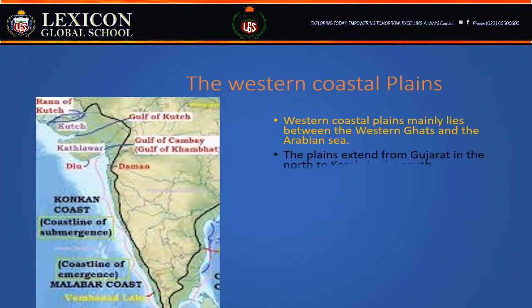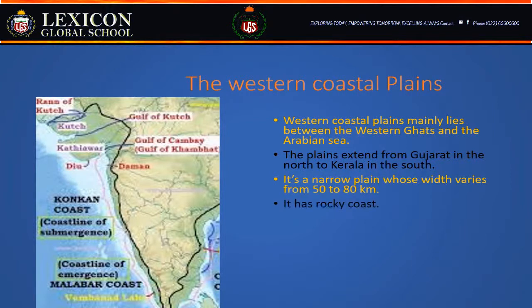They extend from Gujarat in the north to Kerala in the south. It is a narrow plain whose width varies from 50 to 80 kilometers. It has rocky coast. The region has abrupt slope. So what happens? The rivers here flow swiftly and they form estuaries.